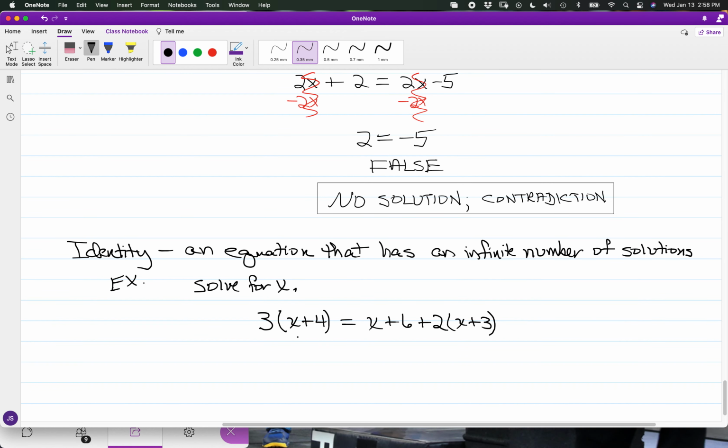So on the left we have 3 times the quantity of x plus 4, which gives 3x plus 12. And to the right we have x plus 6, and distributing 2 over the quantity of x plus 3, we have 2x plus 6.